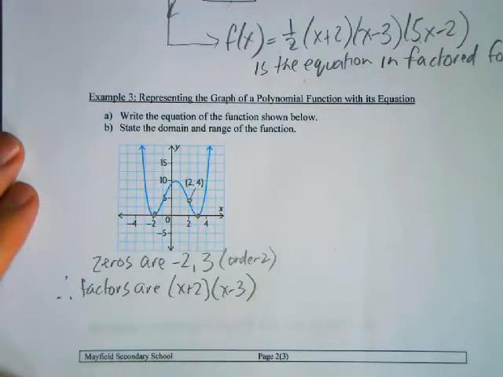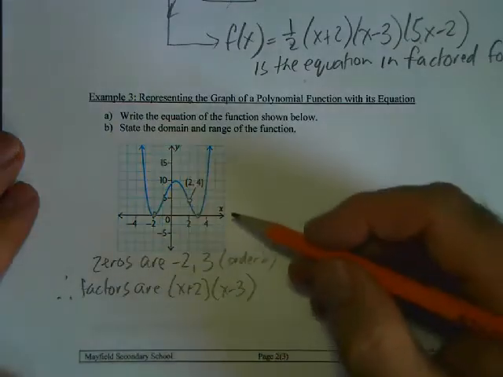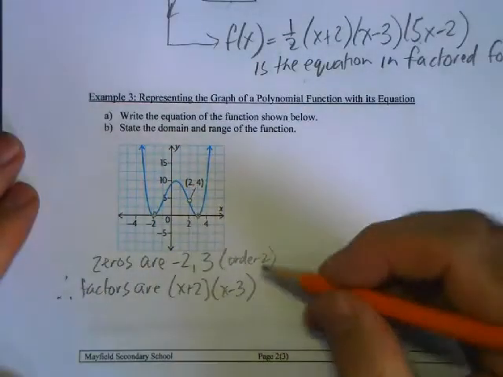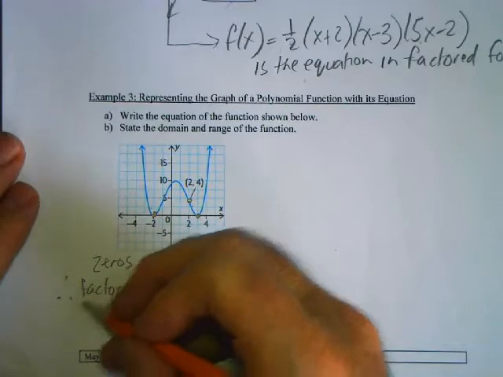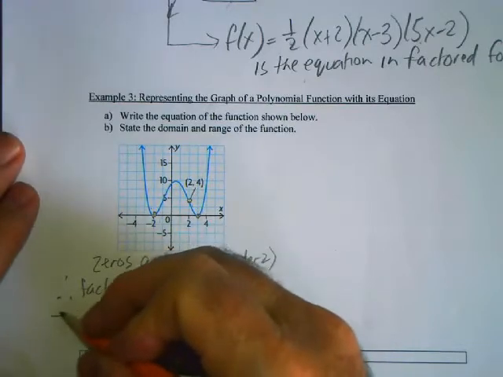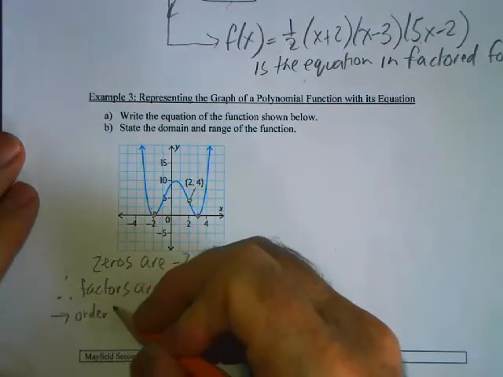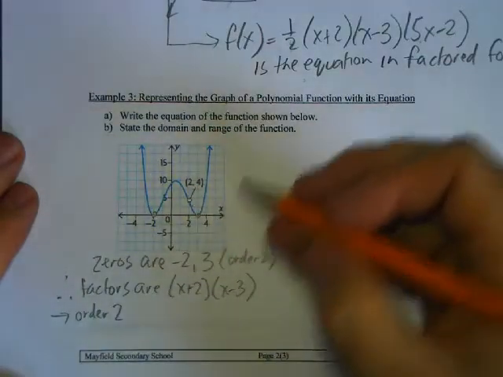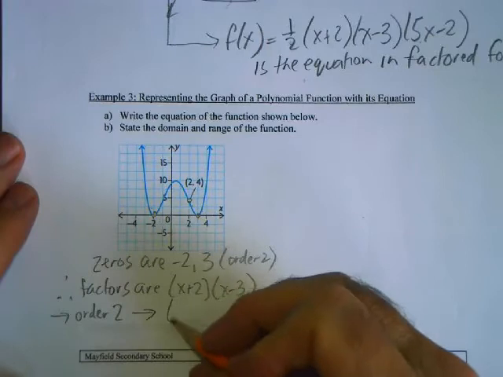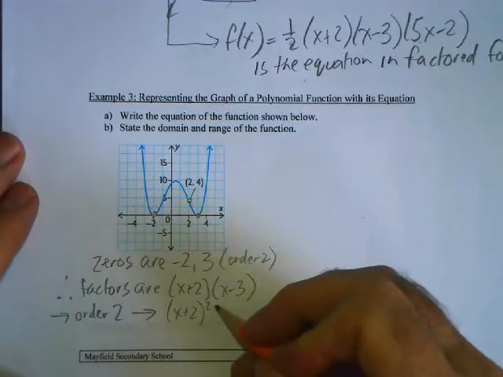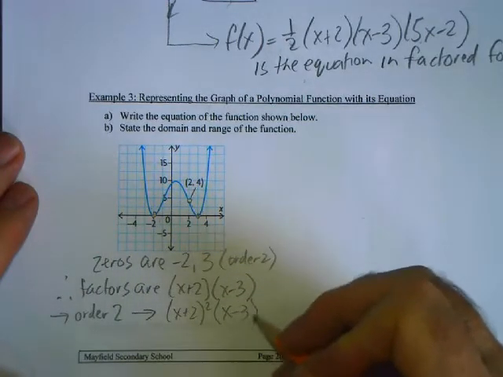Okay, since it's order 2, we know it's order 2 because it bounces. We can now update our factors to x plus 2 squared, x minus 3 squared.